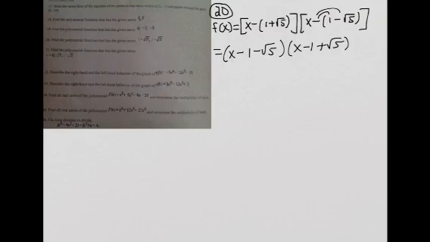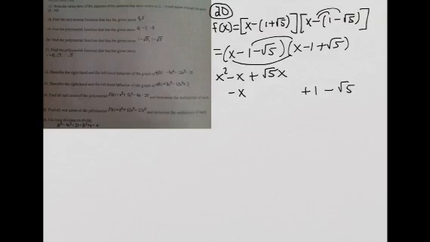So distributive property, so this one first, x squared minus x plus radical 5x. Then the negative 1, so negative x, I'm going to put it underneath the x. And then plus 1, so I'm going to put the plus 1 over here on the side. And then negative radical 5, I'm going to put the negative radical 5 over here.